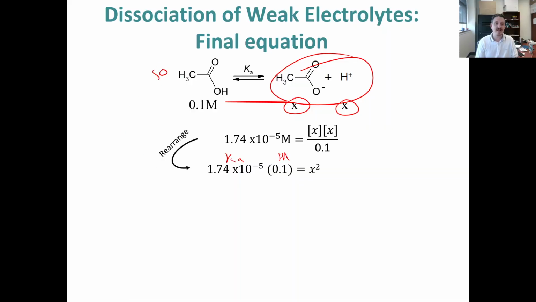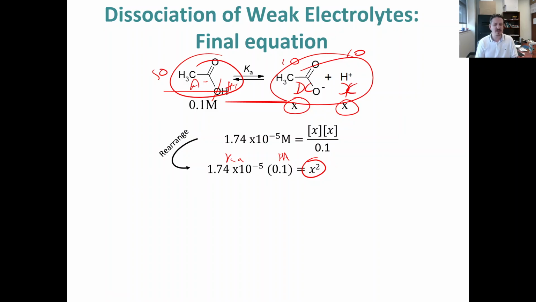Because for every one molecule of HA, there is one A minus and one H plus. So if you get X of this, you're going to get X of this. They're the same number, and so X multiplied by X is X squared. So the sum total of the products is X squared.